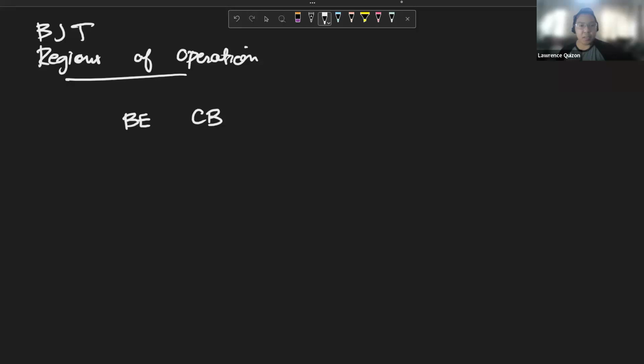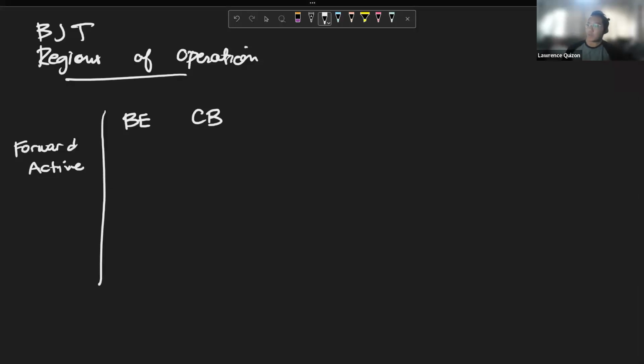So for forward active, isulat natin ang buo. So for forward active, kailangan yung BE junction is forward biased.